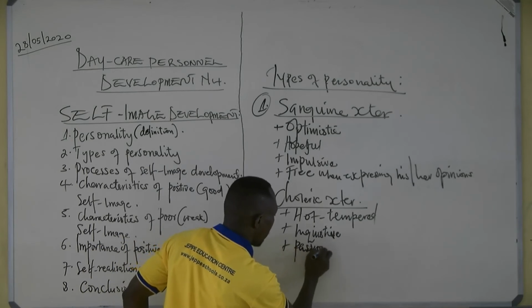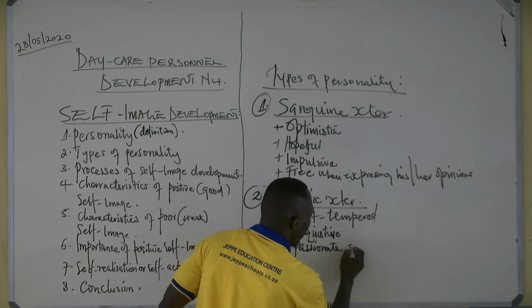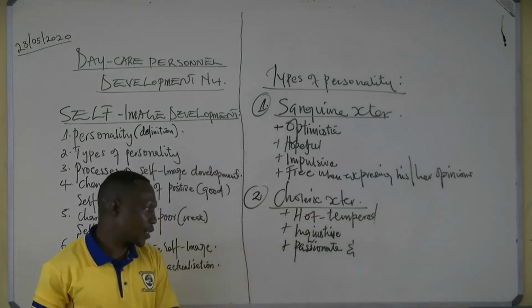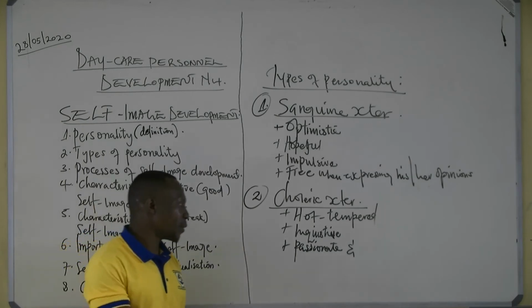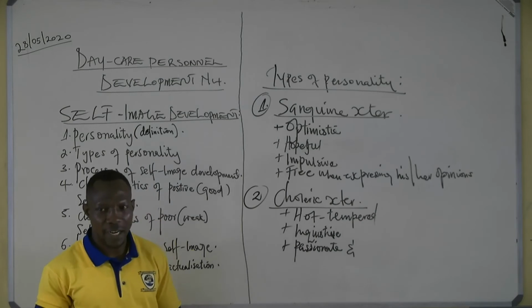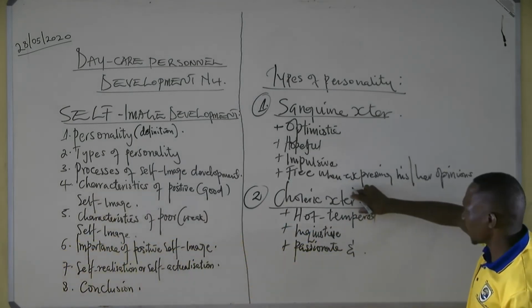This person also is seen to be passionate. And being passionate, he or she tries his or her level best to make sure that he instills this passion into the people that are next to him.